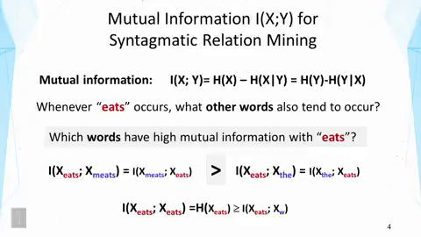Because in this case the reduction is maximum, knowing one would allow us to predict the other completely. So the conditional entropy is 0. Therefore, the mutual information reaches its maximum. It's going to be larger than or equal to the mutual information between eats and any other word. In other words, picking any other word and computing the mutual information between eats and that word, you won't get any mutual information larger than the mutual information between eats and itself.